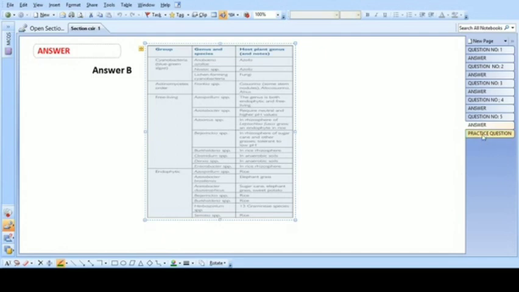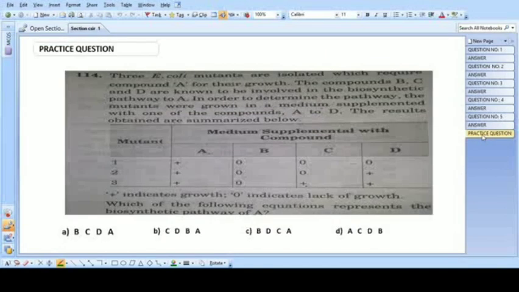Next, I have provided a practice question for you, and this practice question is about 3 E. coli mutants, which require the compound A for their growth, and other compounds B, C and D are known to be involved in the biosynthetic pathway of A. You have to determine the biosynthetic pathway.